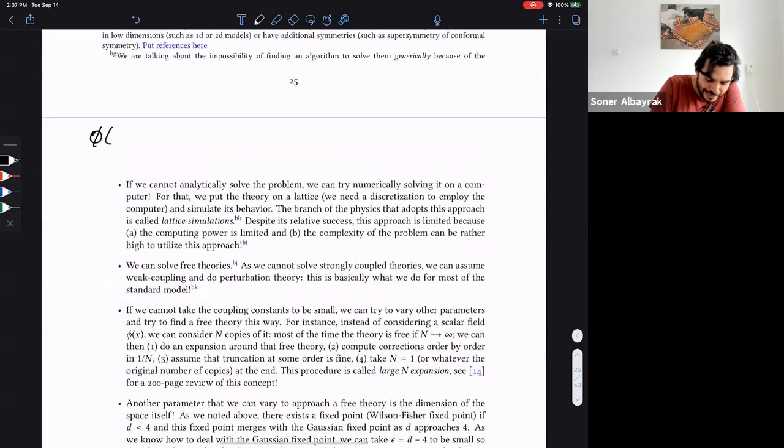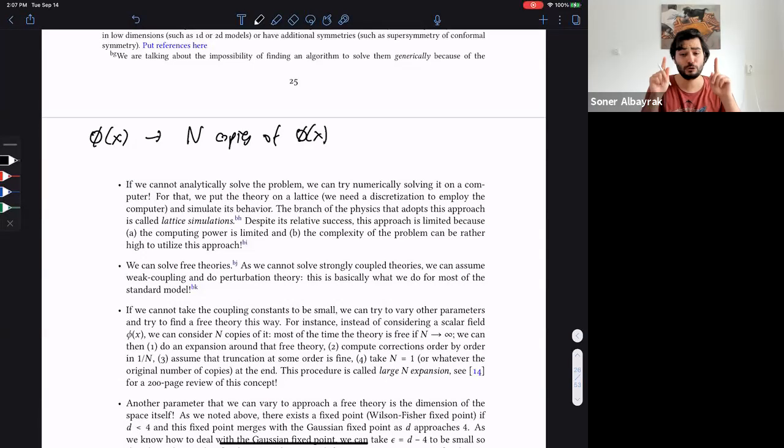Instead of working with phi(x), I assume there are N copies of it. So I assume there are N scalars instead of one scalar. And it turns out, in most cases, if N is infinite, the theory is free. And I know how to solve free theories.